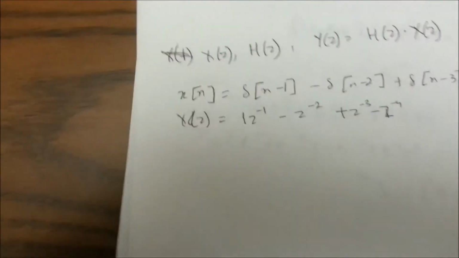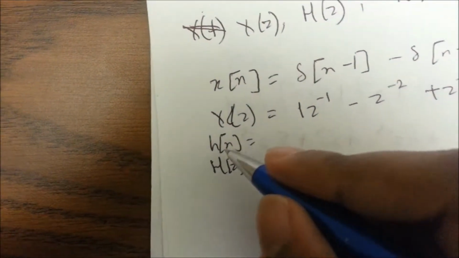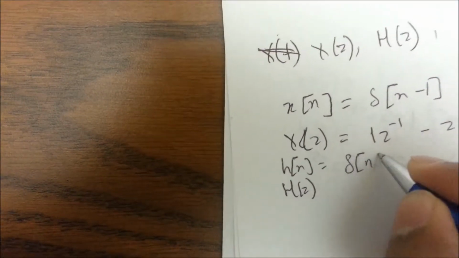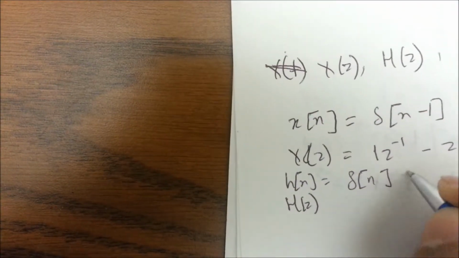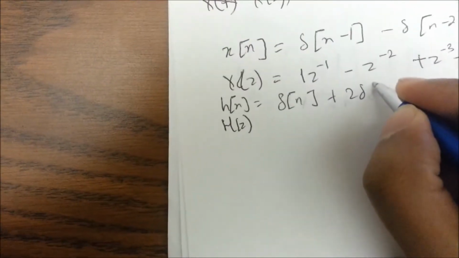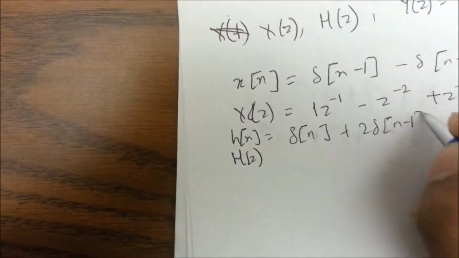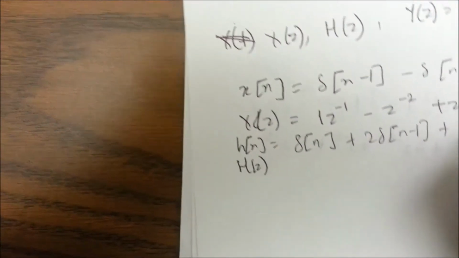And then we have the filter. Let's say in this case h of n is this, plus 2 at n minus 1, plus 3.